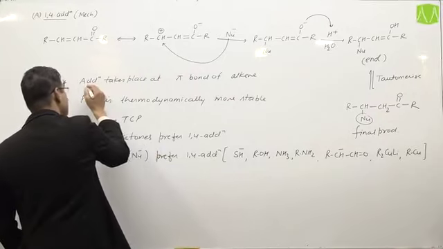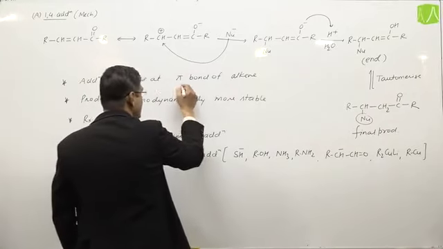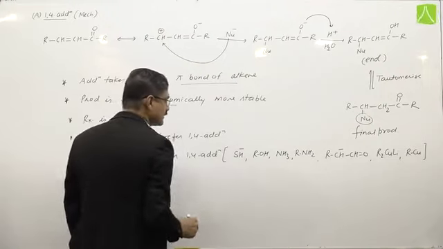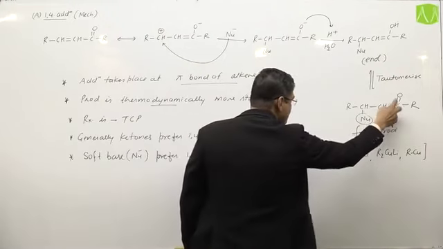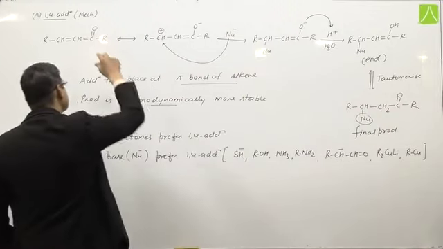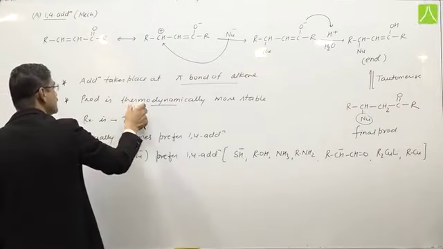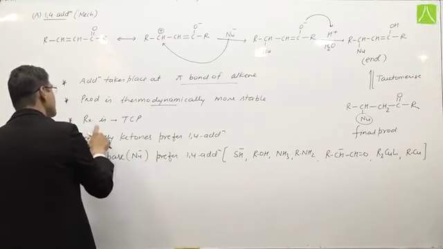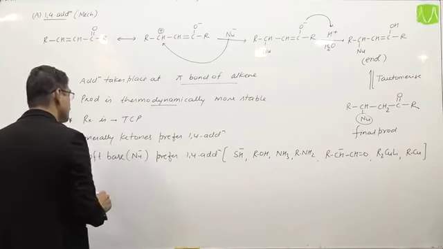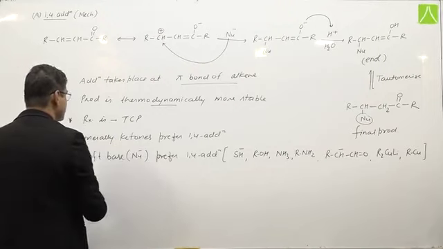So that's why I write here addition takes place at the pi bond of alkene. It is a thermodynamically more stable product because C double bond O is present but C double bond C is absent. So thermodynamically this bond is stronger. So overall product is more stable. So the reaction is known as TCP, or the product is also known as thermodynamically controlled product or thermodynamically controlled process.